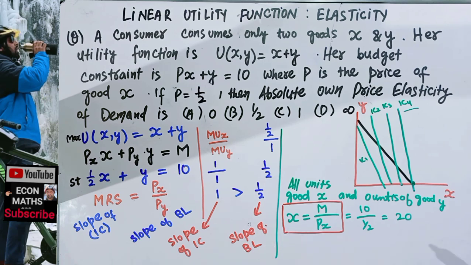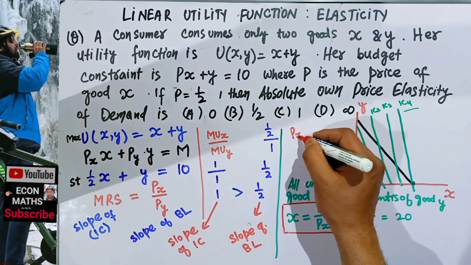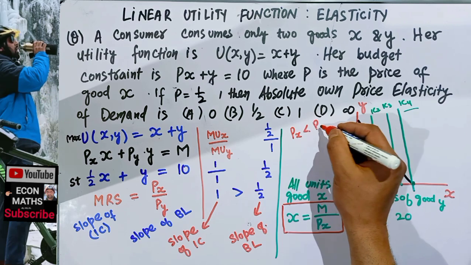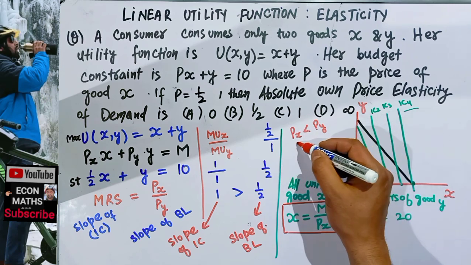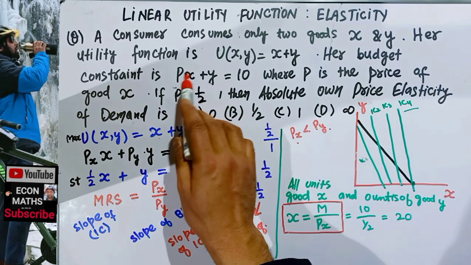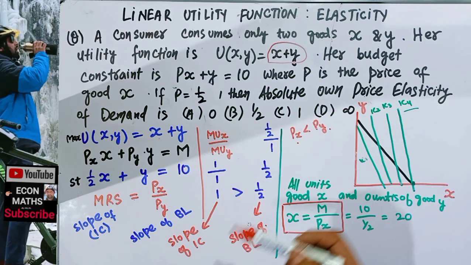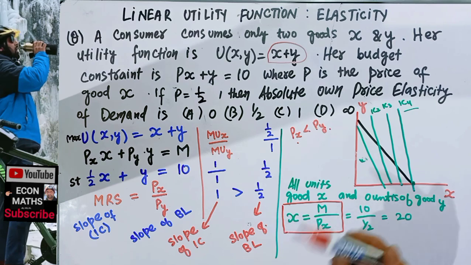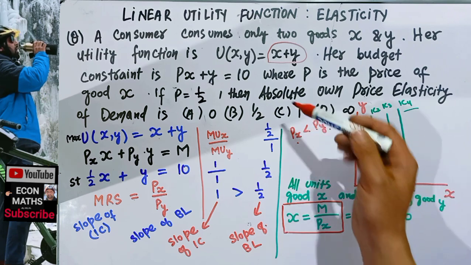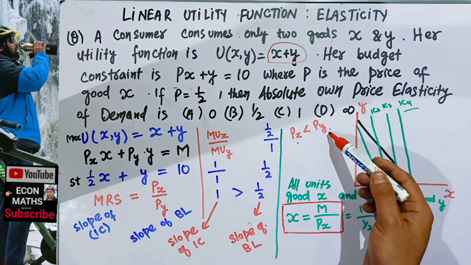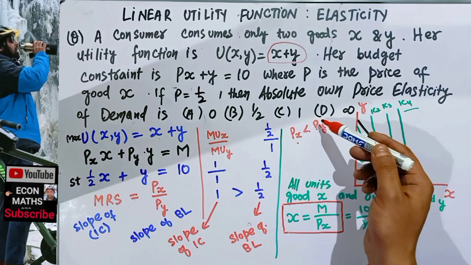But another simple explanation can be, since price of good X is less than price of good Y, obviously good X is cheaper than good Y, and we have this linear utility function. That means they are substitutes of each other. If price of good X is less than price of good Y, why on earth will the consumer purchase good Y?